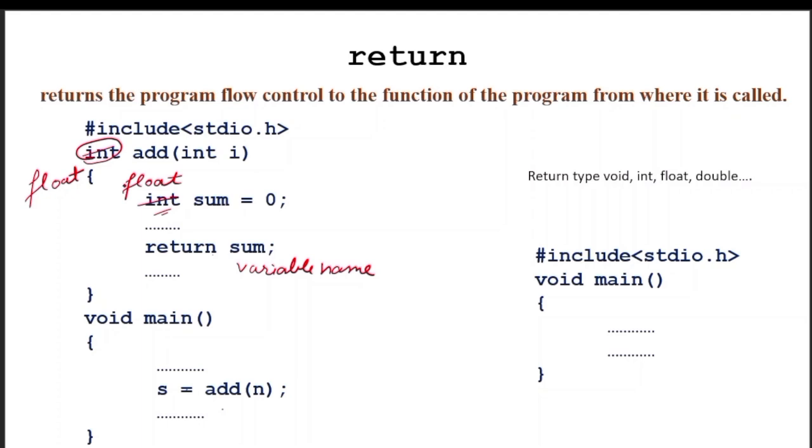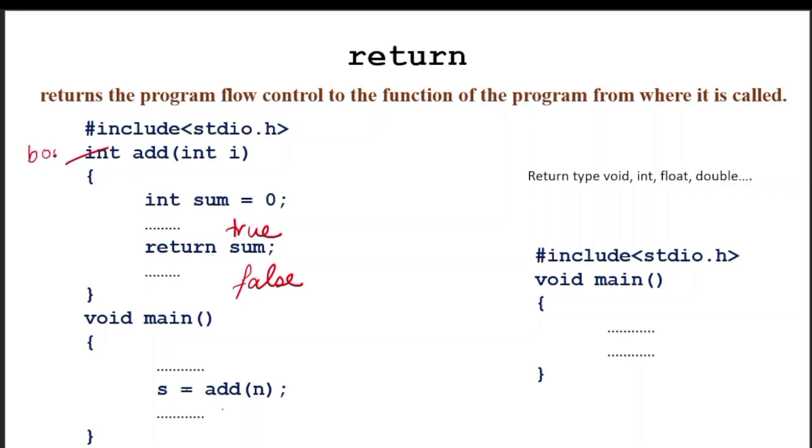If the value we are returning is of double data type, then here also you write that same data type, double. Suppose the return value is true or false, then your data type will be bool, that is the boolean data type. So you write bool add, and it returns either true or false.